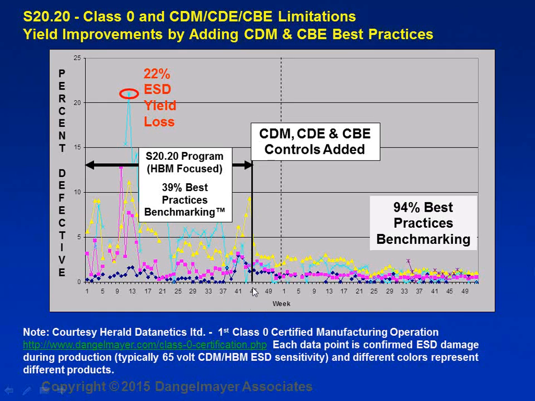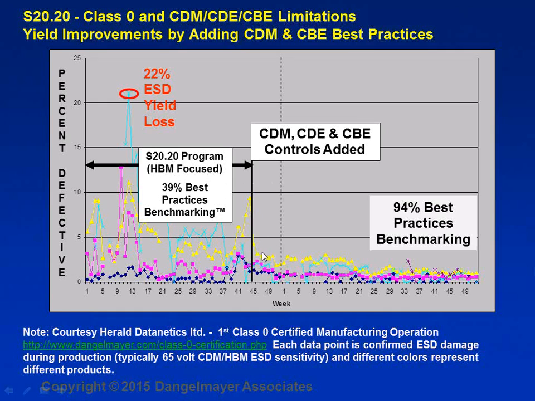In this time period, at week 45, they introduced an aggressive charge device model, cable discharge, and charge board event set of practices and controls.